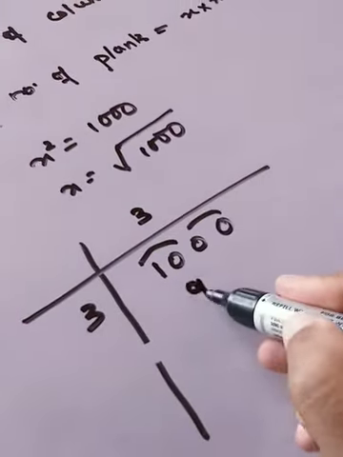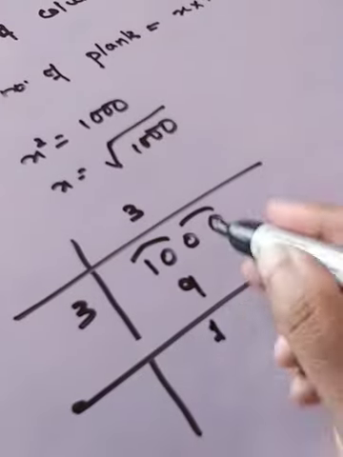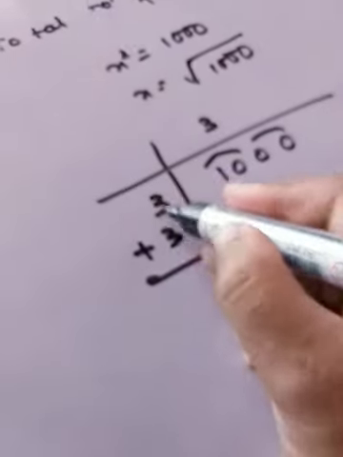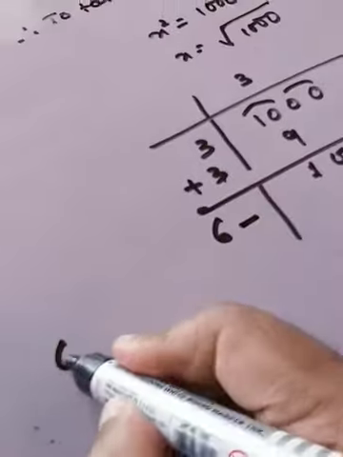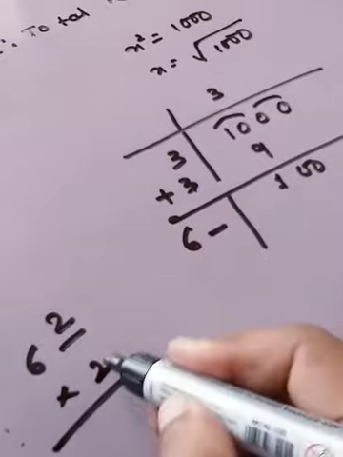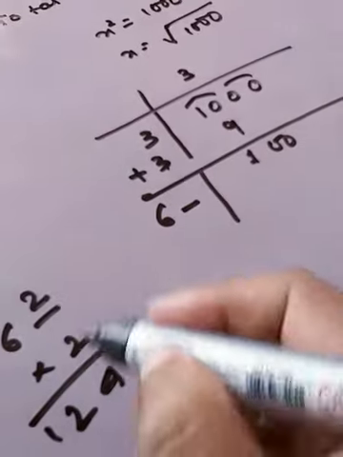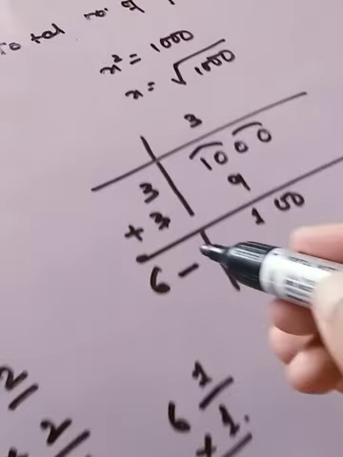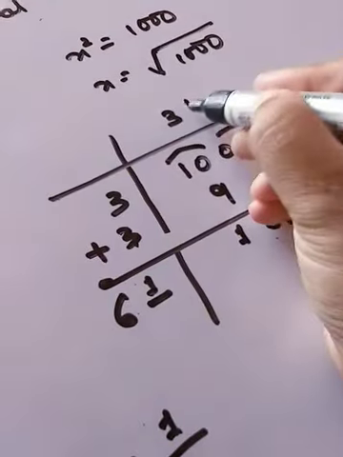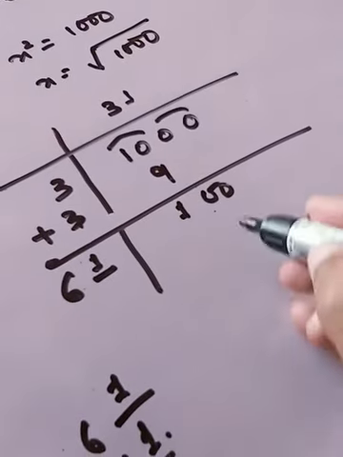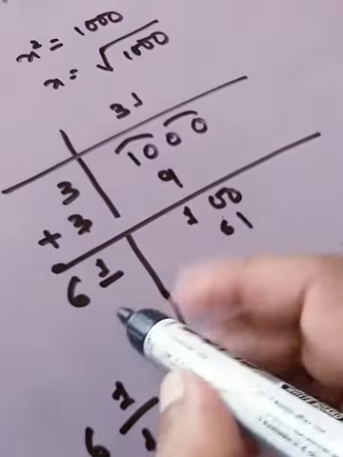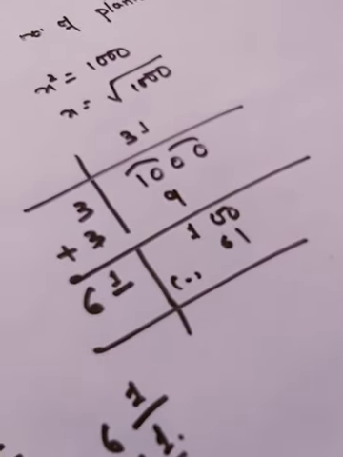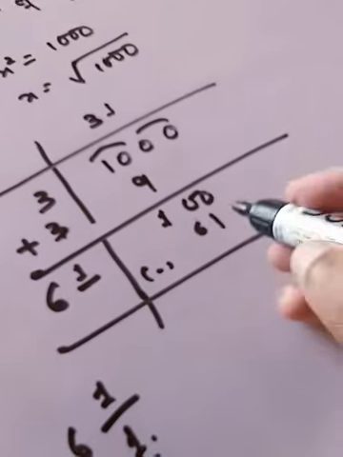We subtract and bring down 00, then add 3 plus 3, 6. Now if I put 2 here, then 62 times 2 is 124, which is more, so I have to multiply with 1, so it will be 61. So 1 and 61. If I subtract it, then I will get the value 39.